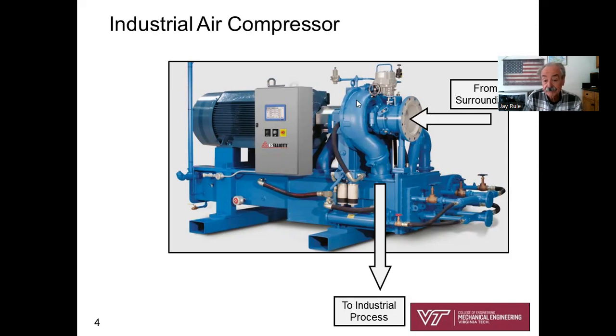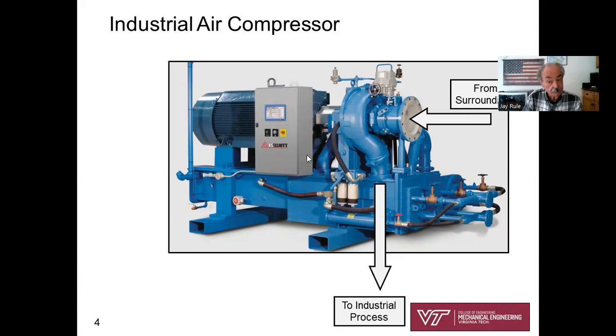There's a shaft from that electric motor driving the compressor impeller around and around at very high speed. The compressor impeller is compressing the air to a much higher pressure, and then here's the discharge from the compressor going to an industrial process.